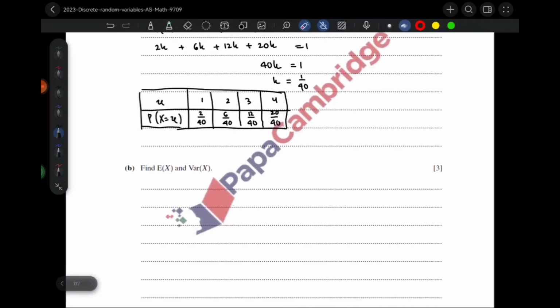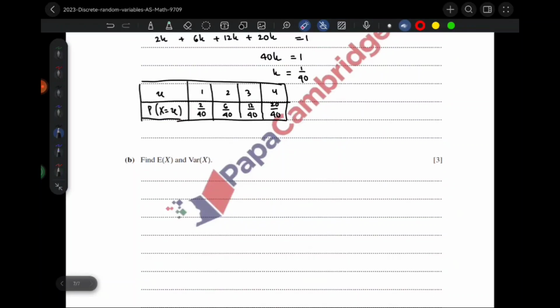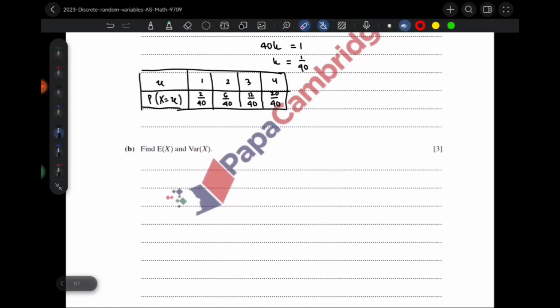And then find the expectation E(X) and variance of X. Okay, this is easy, yeah. So just sum x times probability X equals x, like this. So we have 1 times 2 over 40 plus 2 times 6 over 40 plus 3 times 12 over 40 plus 4 times 20 over 40.